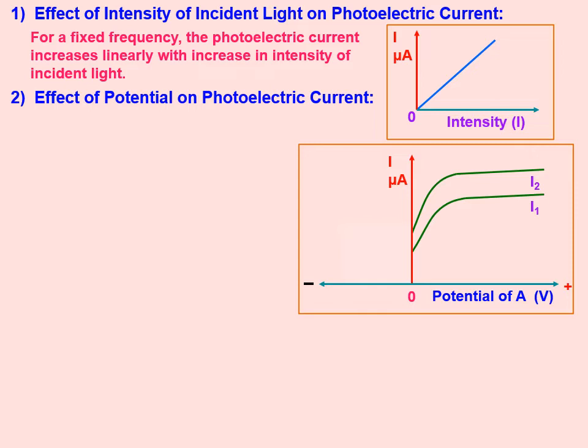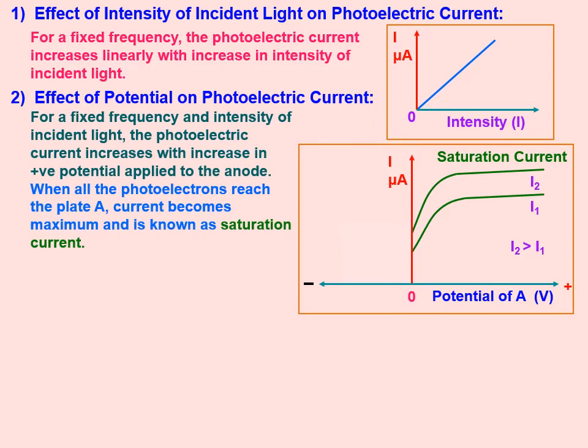So this first line shows the plot between V and photoelectric current for intensity I1, and this second is showing the photoelectric current for intensity I2, and here the intensity I2 is greater than intensity I1.